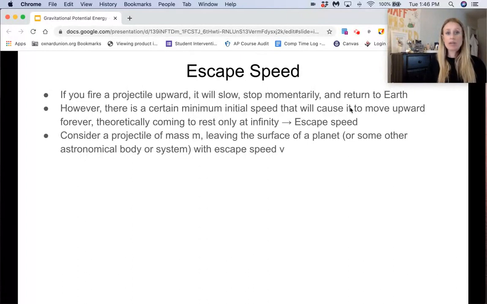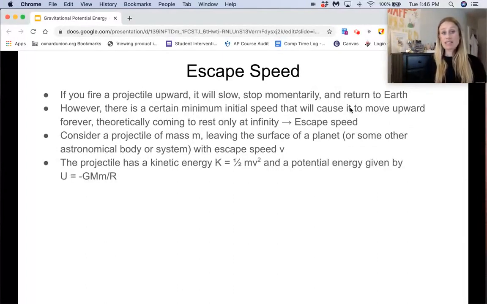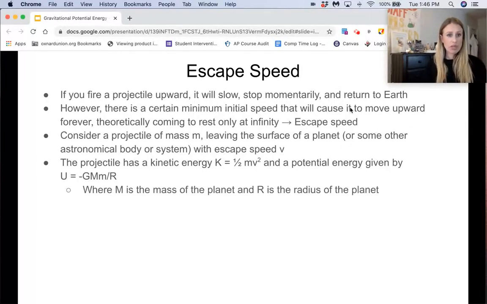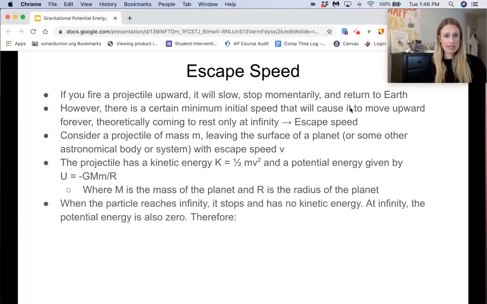So if we consider a projectile of mass m leaving the surface of a planet or some other astronomical body or system with escape speed v, the projectile has a kinetic energy of 1/2 mv squared and a potential energy given by the equation that we just learned, negative GMm over r, where M is the mass of the planet, big M, and big R is the radius of the planet.